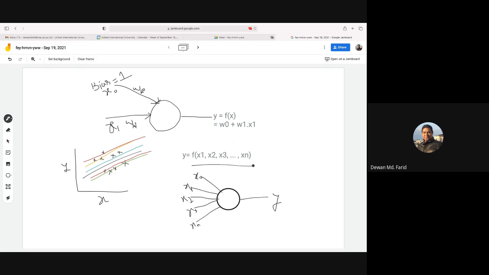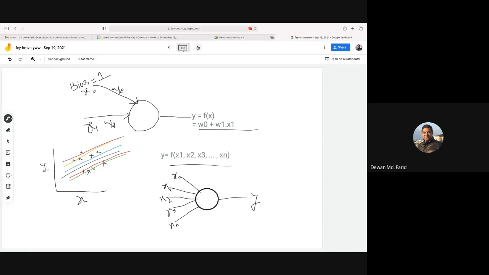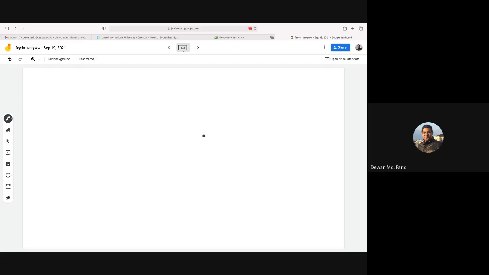Now, if we consider the first, simple neuron, we have only two weights to adjust, or two weights to find out. Think like this: this is our w0, the first parameter.